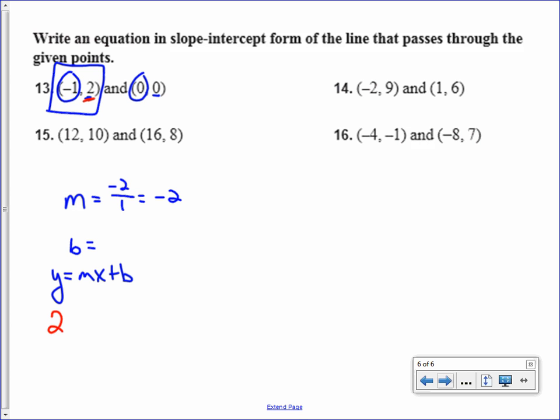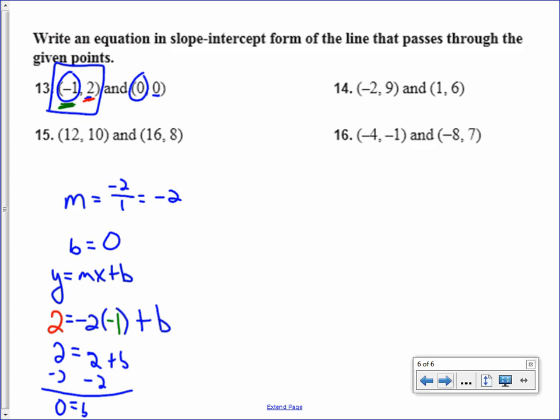So we got a 2 equals the slope we just found, which was negative 2, times the x value from our point, which is negative 1. And we do not know the b, so it's just going to be plus b. So I'd have 2 equals positive 2 plus b. If we find out what b is by subtracting 2, you get 0 equals b. So our y-intercept is 0, which means your equation would be y equals negative 2x.